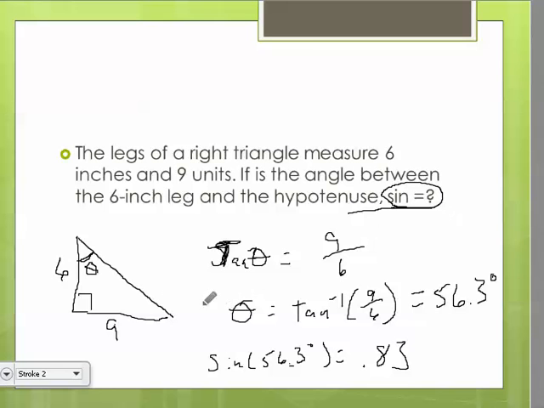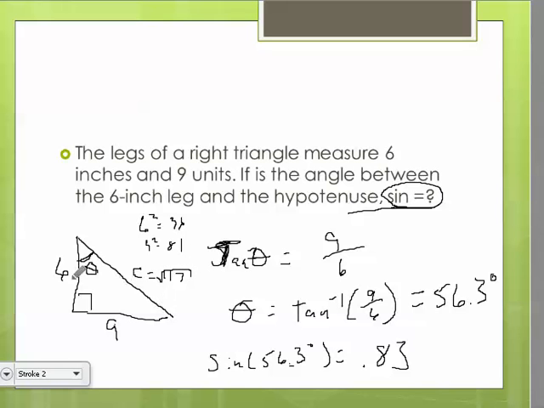Another way you could have done this, you could have said, well, 6 squared is 36, 9 squared is 81, so that we know that this long side over here, C, is going to be equal to the square root of 117.